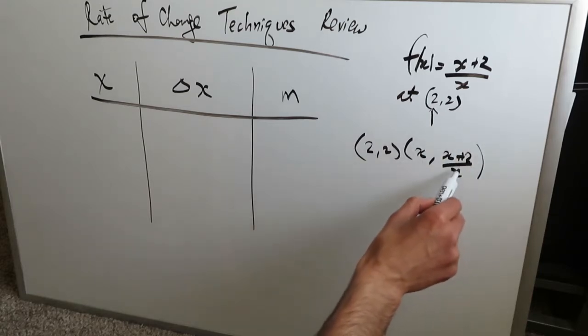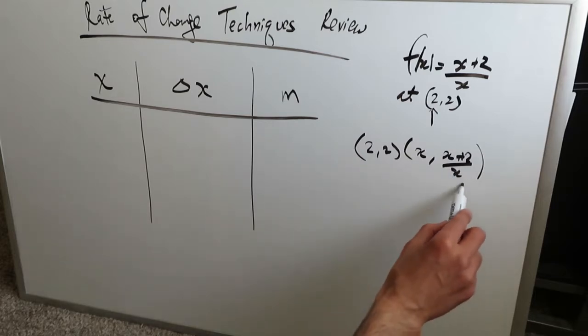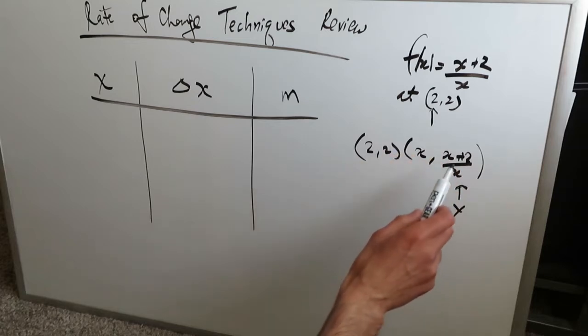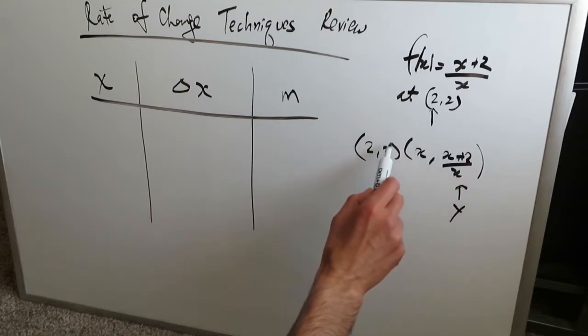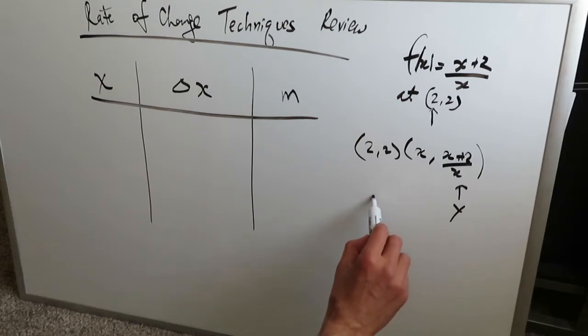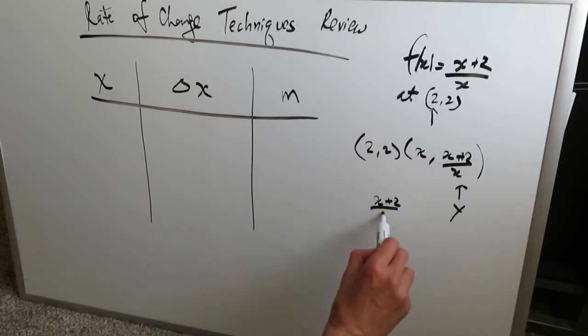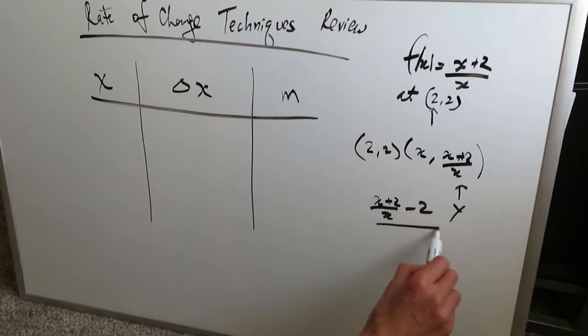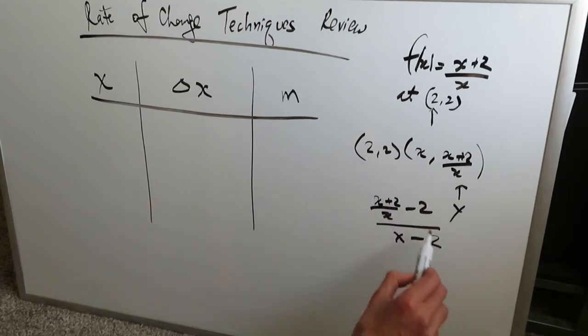If you plug in the x value, it would give you your y value, and your slope would be determined from this formula: y2 minus y1 divided by x2 minus x1. So my slope formula would really be x plus 2 over x, minus 2, this is my y2 minus y1, divided by x2 minus x1. So this is the slope formula.